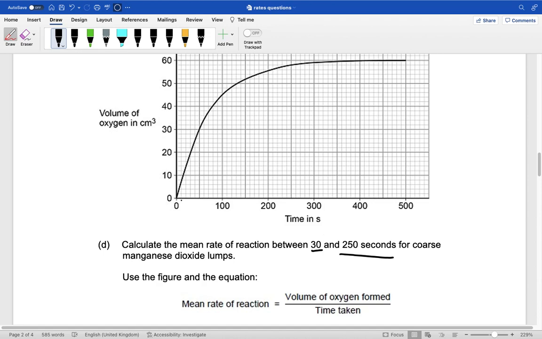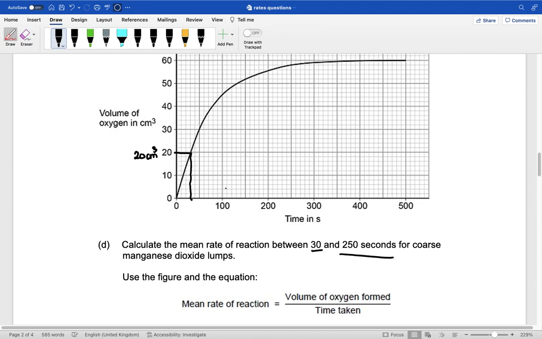So that's 10 seconds there, 20 seconds, 30 seconds. Now hopefully I can draw a straight line. Obviously you would do it with a ruler. So it reaches there and we're going across and we've got 20 centimetres cubed. That's how much gas we had at 30 seconds.